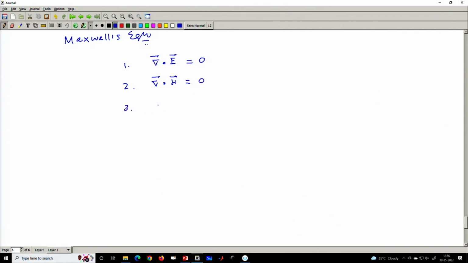Third equation: curl of E is minus del B del t, let us write in terms of H, so it is minus mu del H del t.